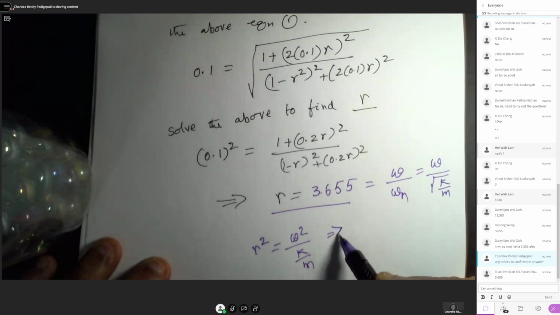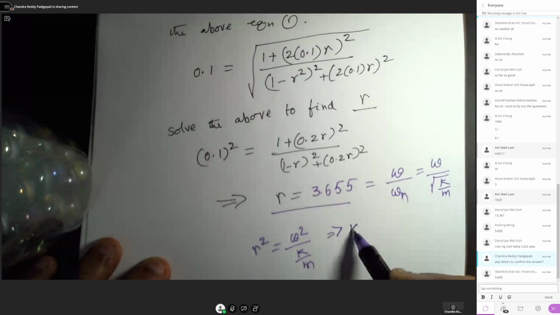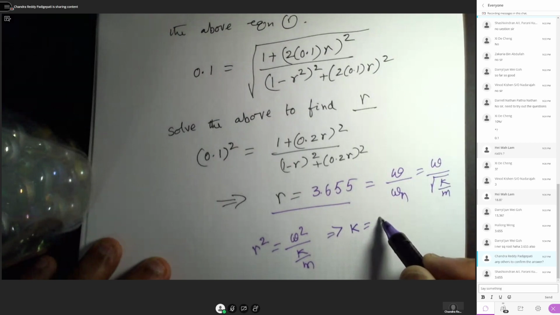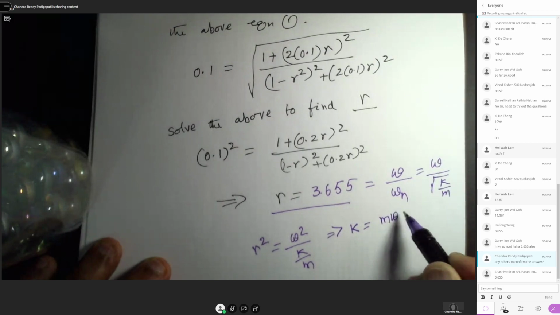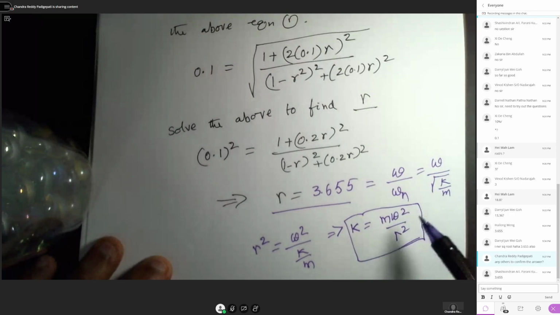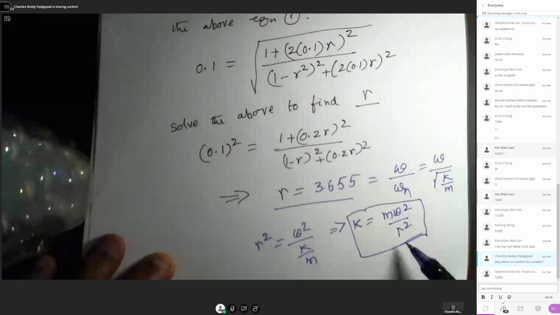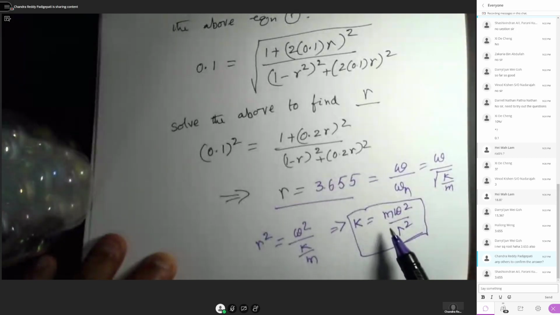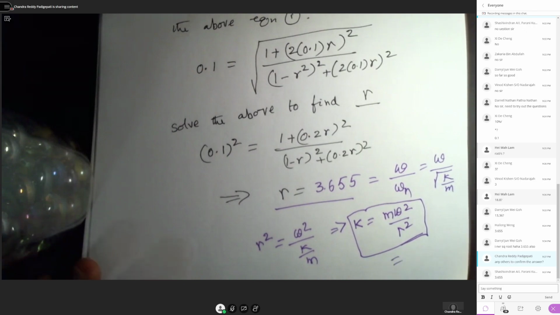So you can write k is equal to m omega square over r square. So you can use this formula to calculate k, the spring constant. So can somebody give the answer for this k?